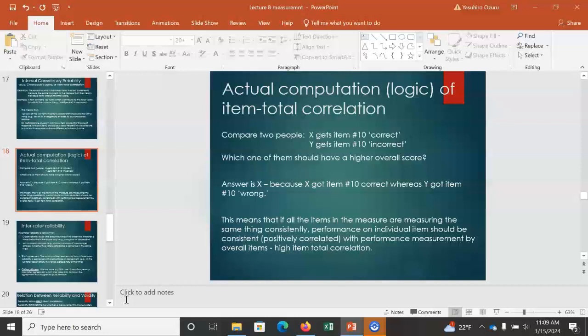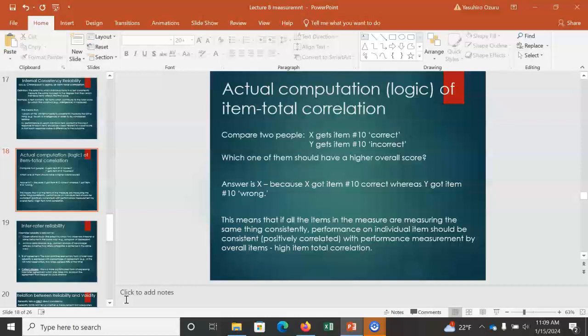The answer should be person X, because person X gets item 10 correct. This means the person knows this construct. Therefore, if all of the items in that test are measuring the same construct, person X should get a higher score because it's consistently measuring the same thing.